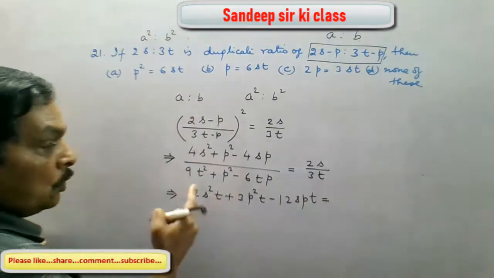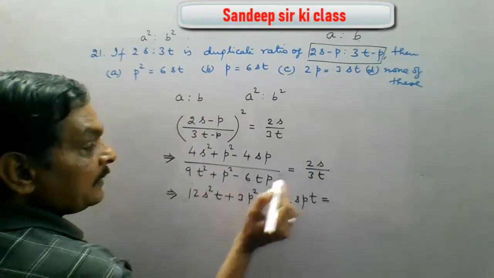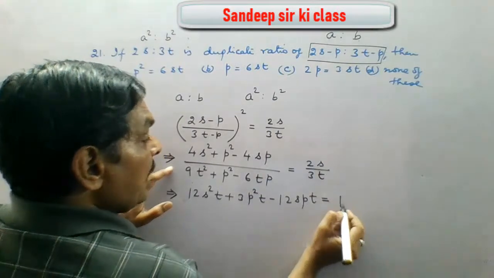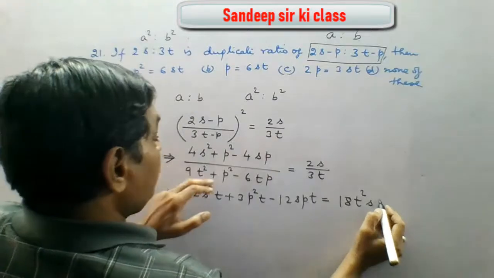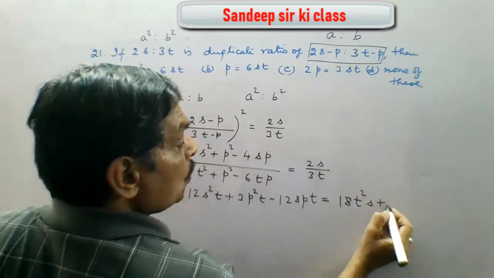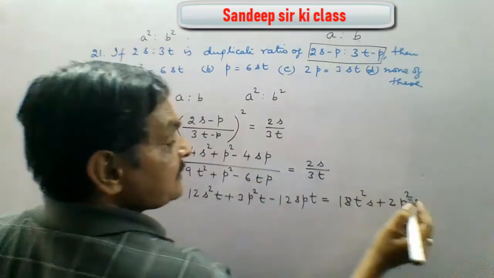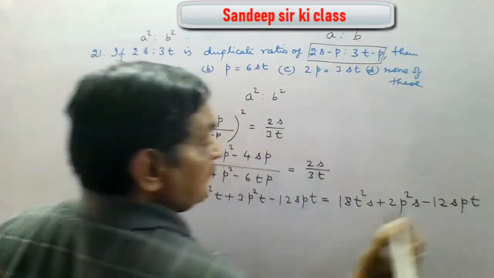This is equal to, now I cross multiply this denominator with 2s, I get 9 into 2, 18t square s plus 2p square s minus 12spt.